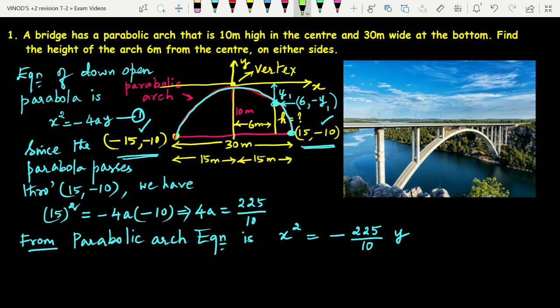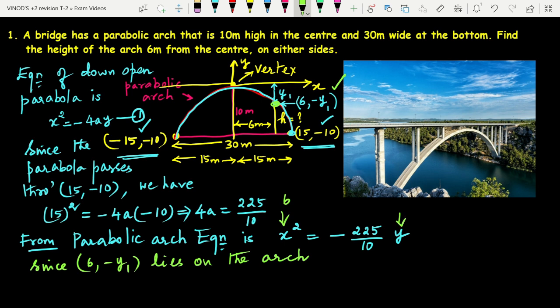This point, (6, -y1), also lies on the parabolic arch. Since (6, -y1) lies on the arch, we replace x with 6 and y with minus y1. So we get 6 square is equal to minus 225 by 10 into minus y1.